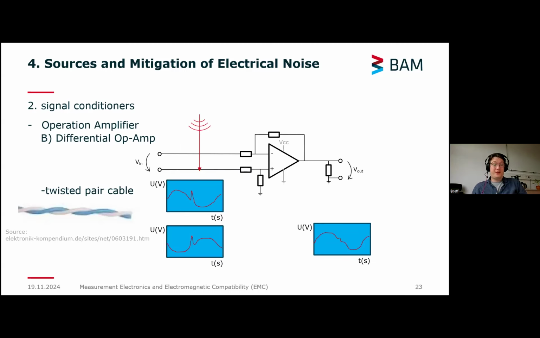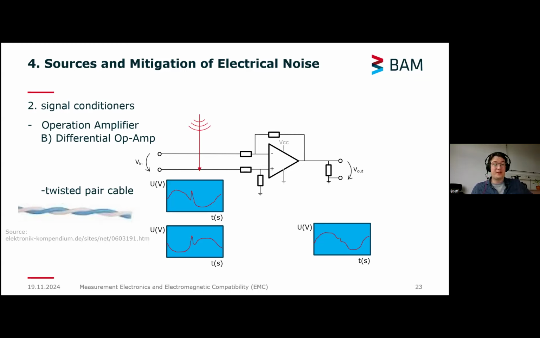A twisted pair cable can be used to transport a signal which would be positive on one cable and negative, or inverted, on the other cable.